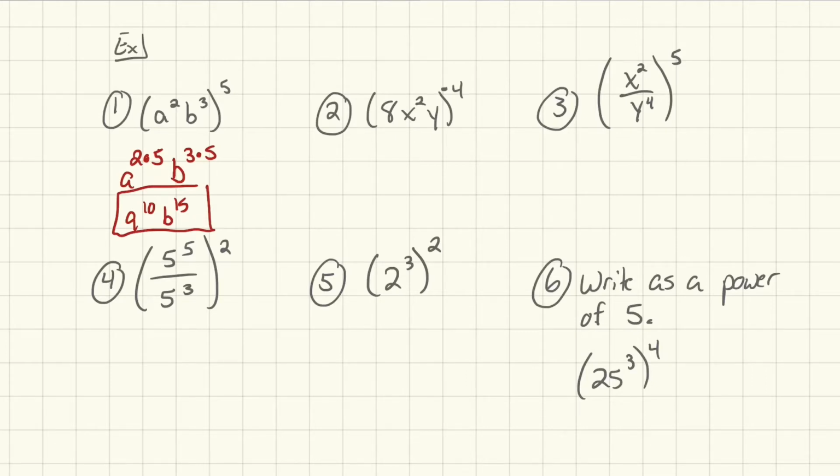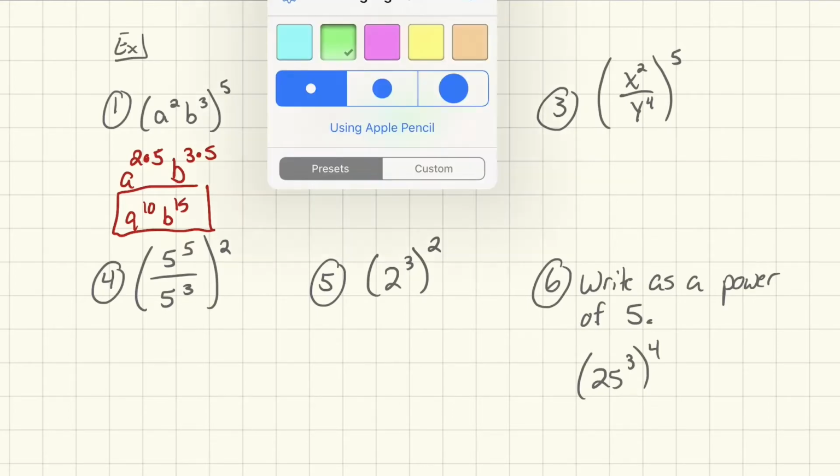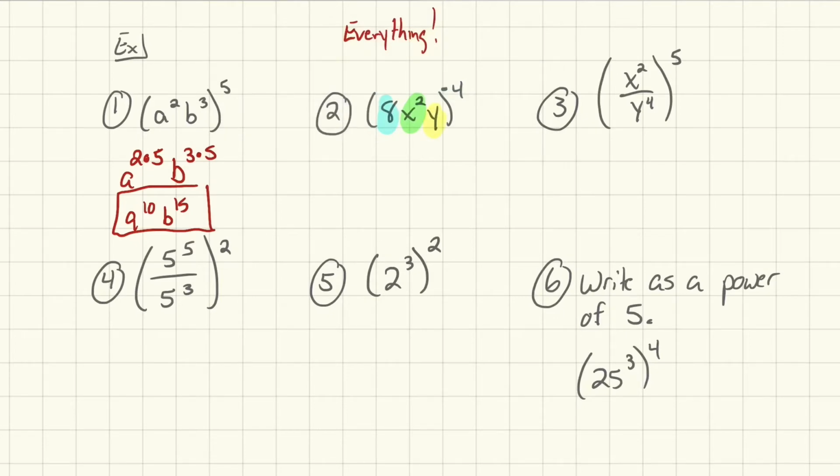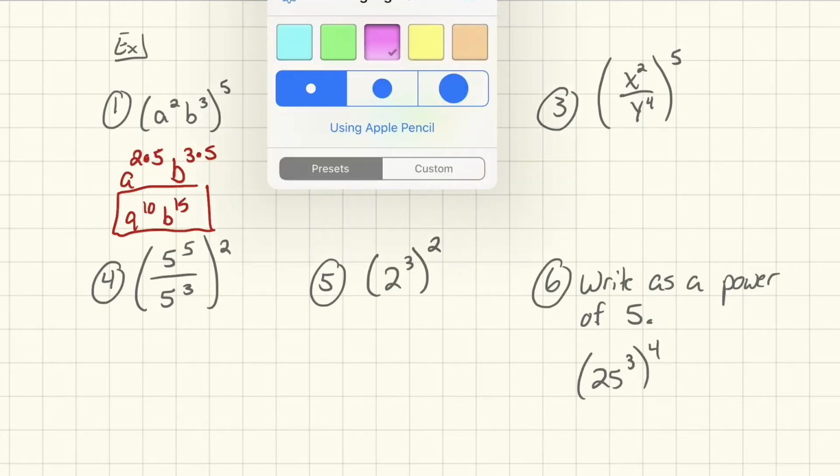Now, our next piece is dealing with when we have a coefficient in front. Now, we saw in example 1, we raised all the variables that have exponents to the power, but it's important to know, and I'll write this up at the top here, we have to make sure that everything gets raised to the power. So, that means my 8, that means my x squared, that means my y. Everything has to get raised to a power, even in the case of this being a negative power.